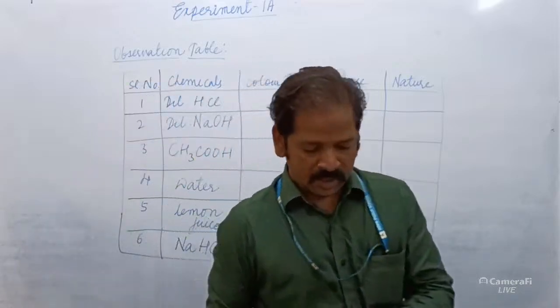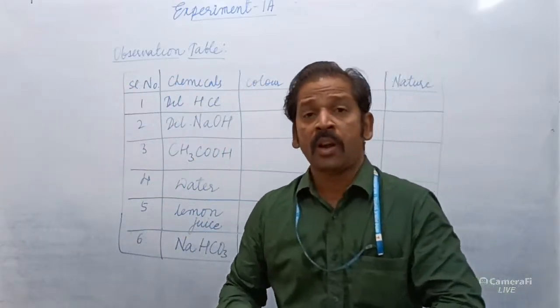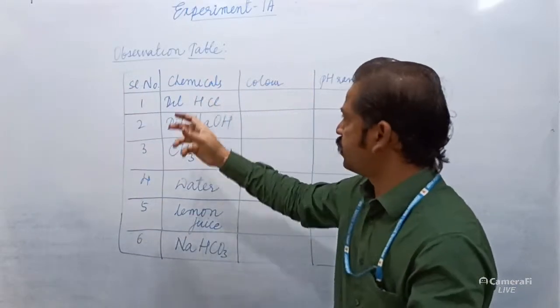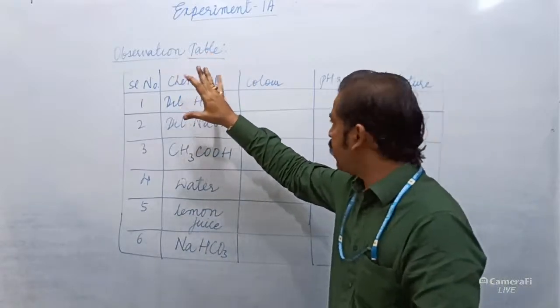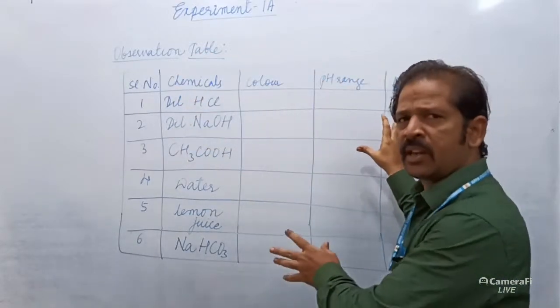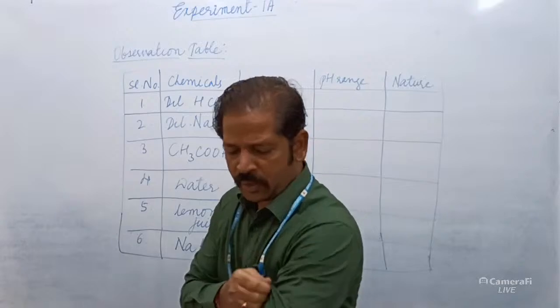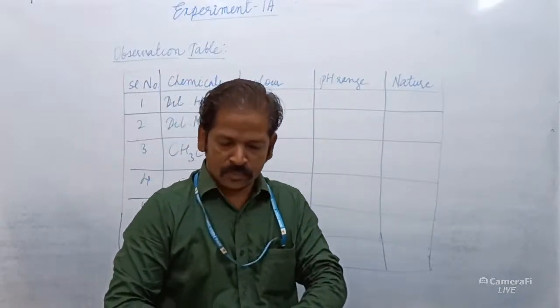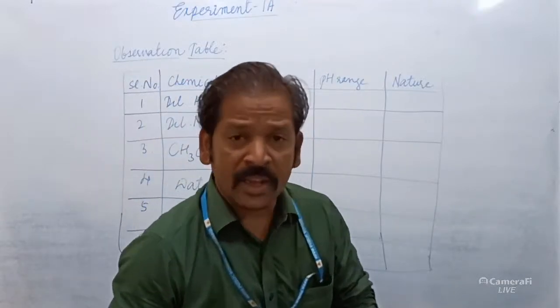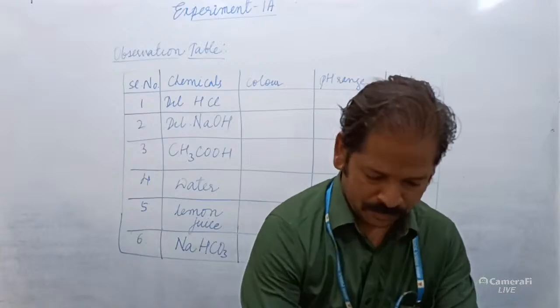Yes, we will start with the experiment. Actually, we are going to get the result of all these things, the observation table including the inference, because we will get the result almost all here. Yes, we will now take the chemicals.